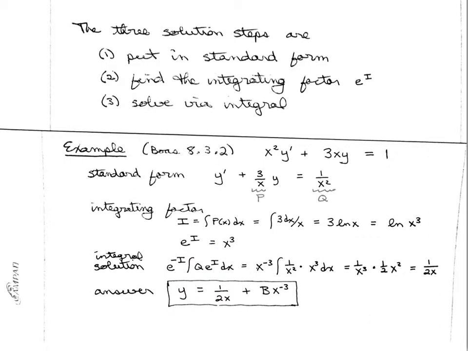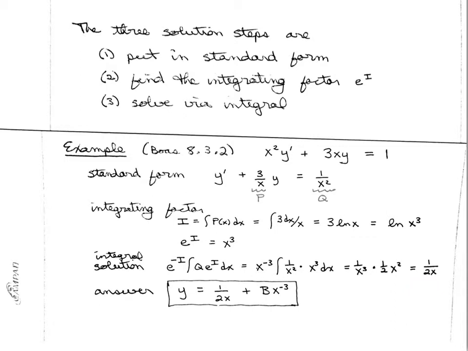Finally, we can solve the integral by just using the formula. e to the minus I, q, e to the I dx is simply, well, there's an x to the minus 3 for the integrating factor. Inside the integral, our 1 over x squared partially cancels against our x cubed to give us a very simple x dx integral, and we end up with an answer 1 over 2x for that part of the solution.